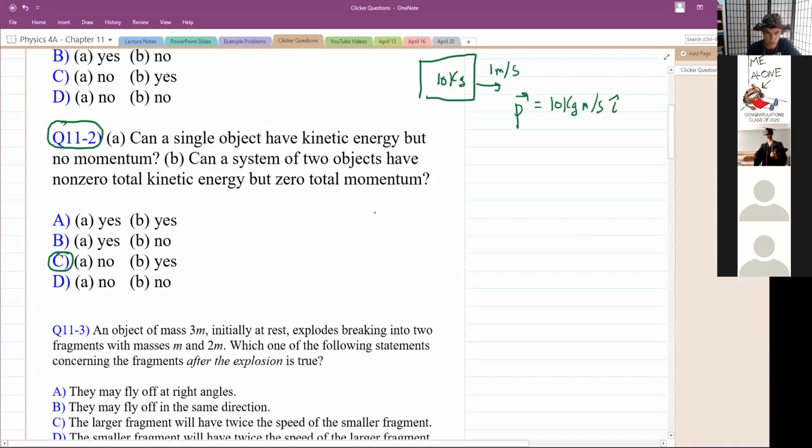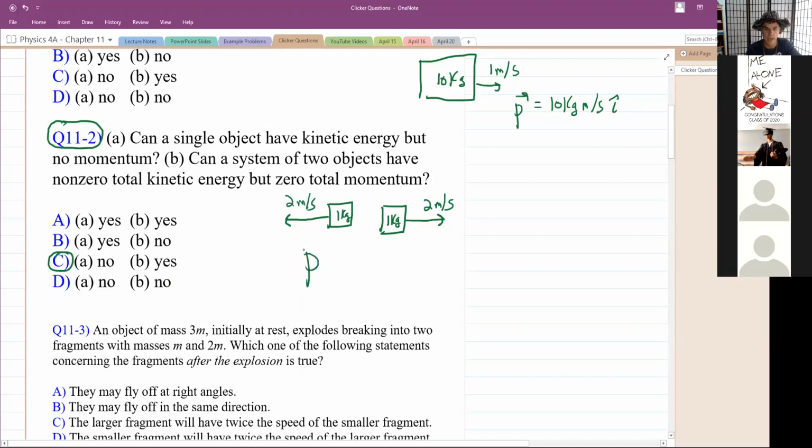So if I have two objects, let's say they have the exact same mass, but they're moving in exactly opposite directions at the same speed. So maybe these each have a mass of 1 kilogram, and they're both moving to the left and right at 2 meters per second.